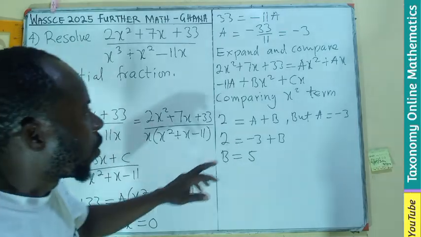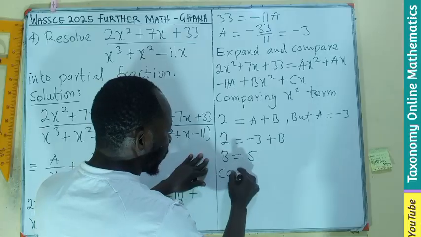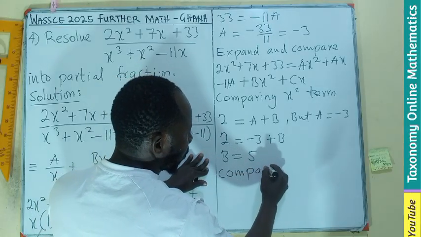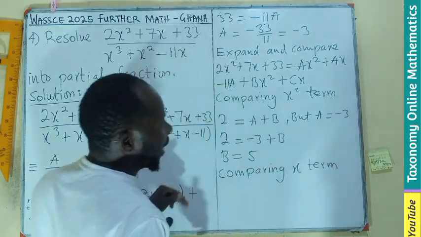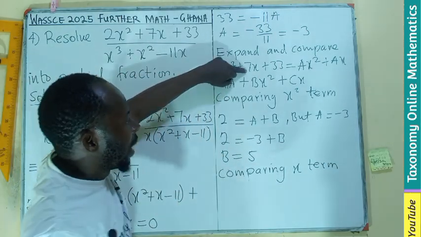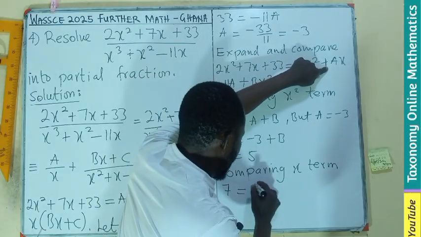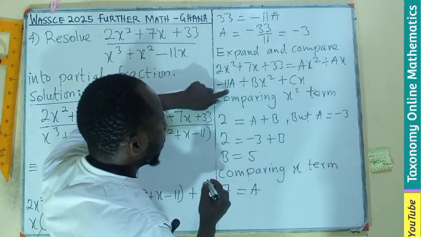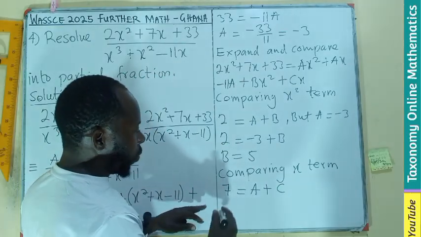Now I have to focus on C, which has the x term. So comparing the x term, not the x², I will have 7 equals A x plus C, and A is also known.